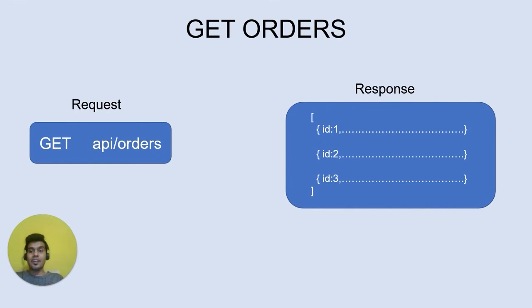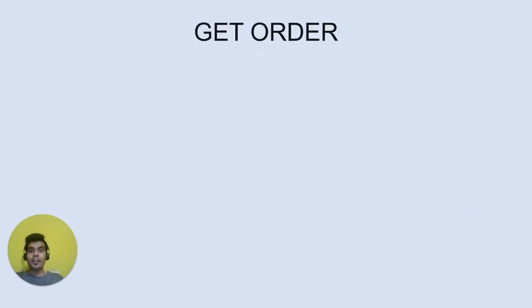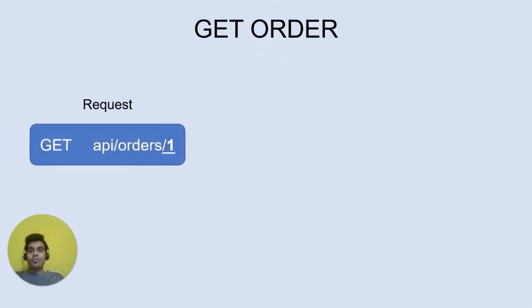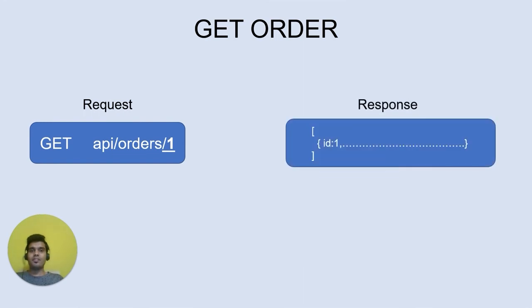So this is a GET request. But if a client wants a specific order's detail, it can make a GET request on the endpoint followed by the order ID, as we can see, there is a 1. This is our order, and then the server will provide us the details of that order ID.